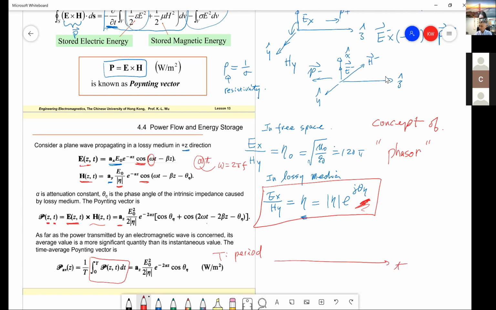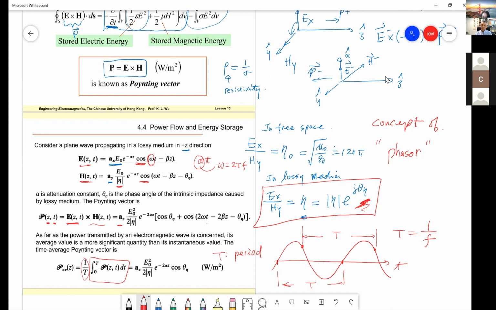If this is time and this is a sinusoidal signal, from this point to this point is a period, or from any point on the waveform to the next, this is also a period. So we take integration over one period. The period is 1 over frequency. Then we divide, so we take average, normalized to the period.